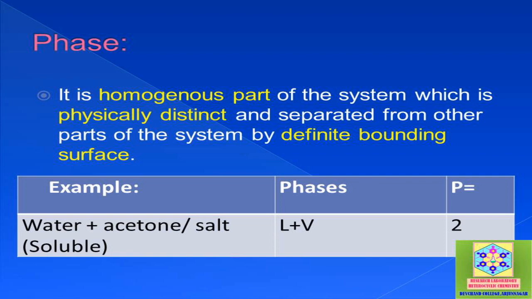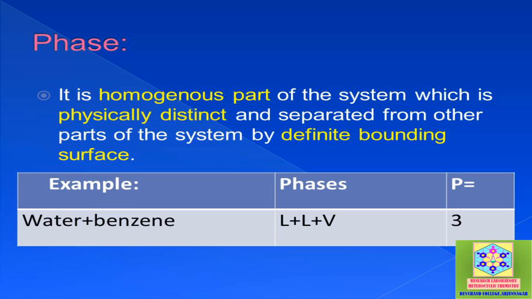So it is not physically distinct. So such a system, a solution of a miscible liquid or salt in water, has two phases. One is the liquid solution, and second is the vapors above the liquid. So P is equal to 2 for such a system.